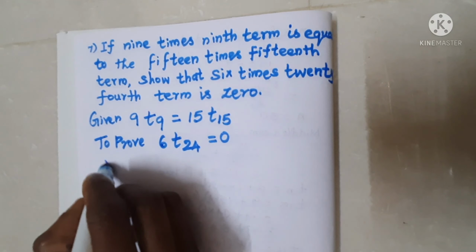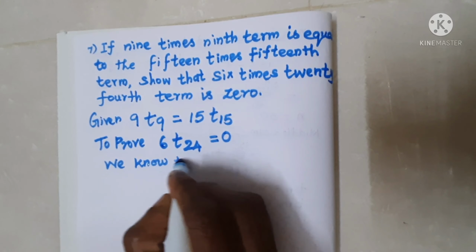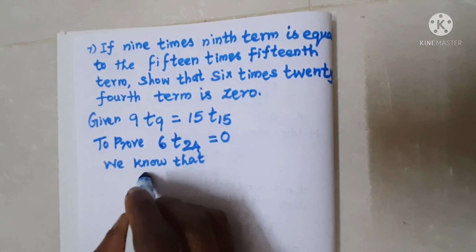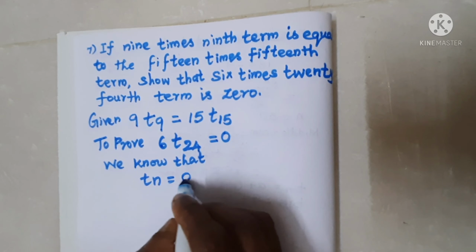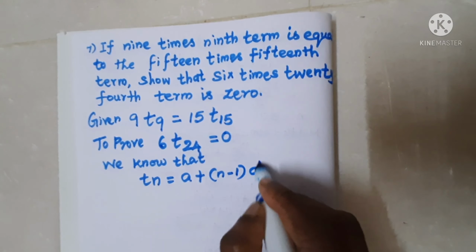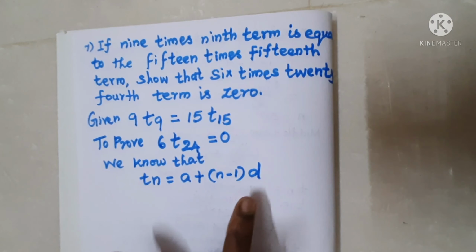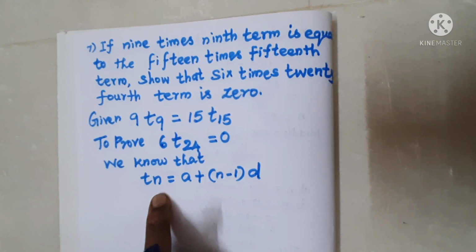So we know that Tn, that is the nth term, is equal to a plus n minus 1 into d. Tn is a plus n minus 1 into d. That is the formula to find the nth term.